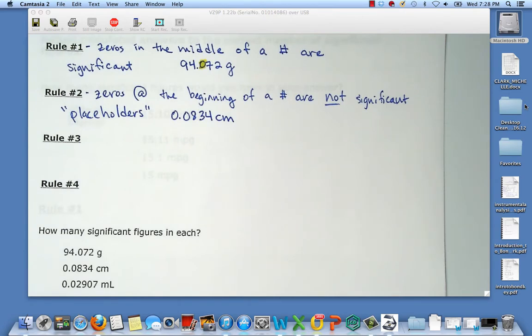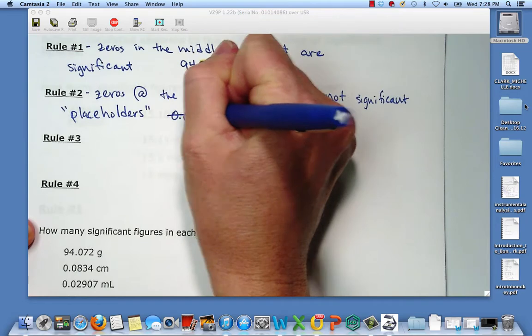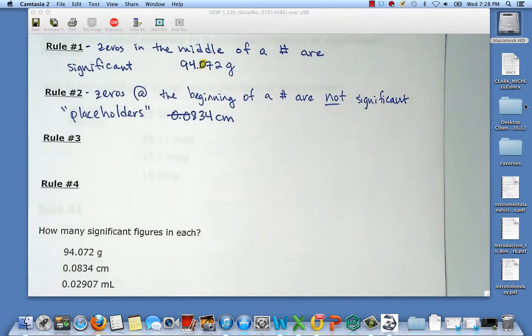So these first 2 zeros don't count. They're at the beginning. They're just placeholders. So I always think that you can walk through these zeros. You won't run into a number. So I always just draw lines through them.